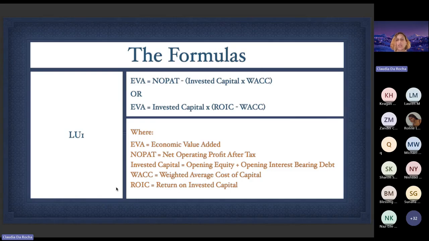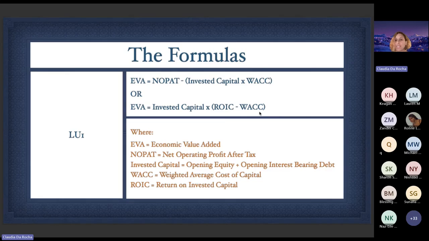In terms of learning unit 1, there are really 4 formulas that you need to know. Two come from EVA. So you've got two ways in which you can calculate your economic value added. You can either have NOPAT minus invested capital times your WACC, or you can have invested capital times the return on invested capital less your WACC.